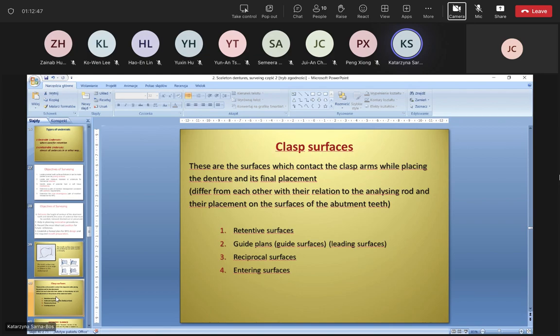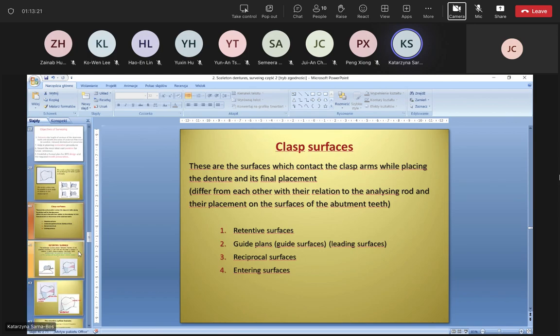These are the surfaces which contact the clasp arm while placing the denture and at its final placement. They differ from each other in their relation to the analyzing rod and their placement on the surfaces of the abutment tooth. We can find the retentive surfaces, guide planes, so guide surfaces, or in other words, leading surfaces, reciprocal surfaces, and entering surfaces.